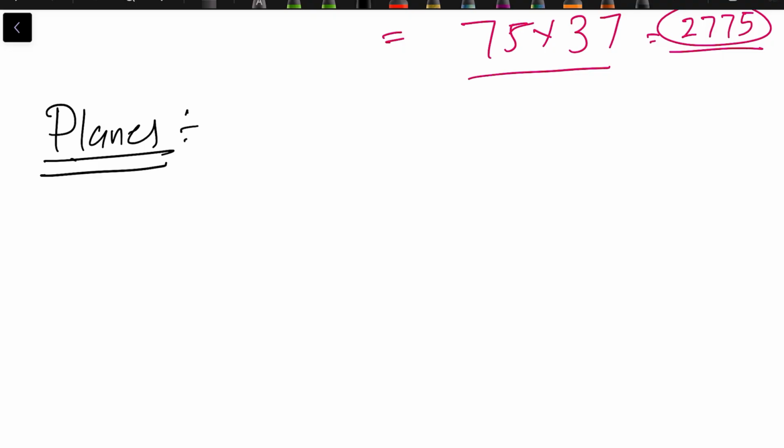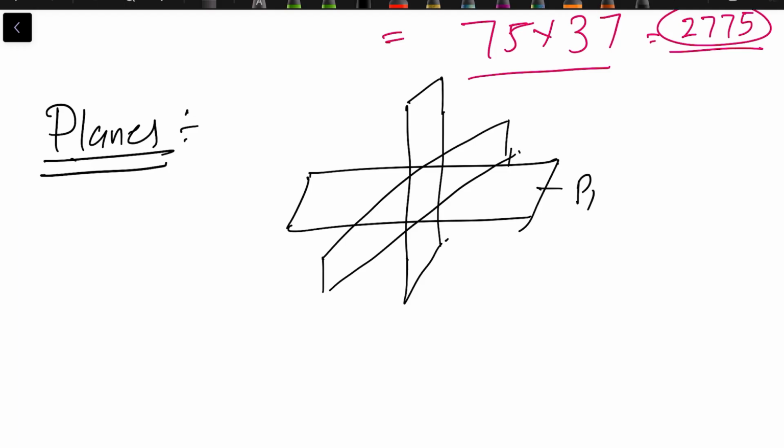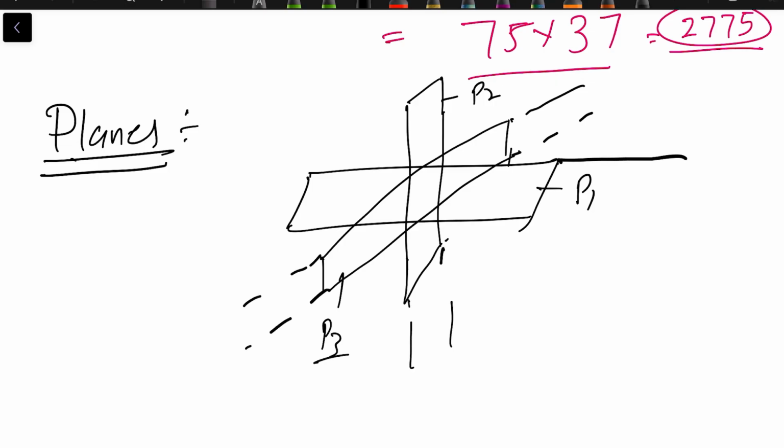If we take an example, like this is one plane, and another example, this is another plane. If I take another example, this is another plane. This is plane 1, this is plane 2, this is plane 3. I'm just representing this. Basically all these are smooth surfaces that can be extended infinitely in their own directions. So all these are planes. In both directions it can be extended.